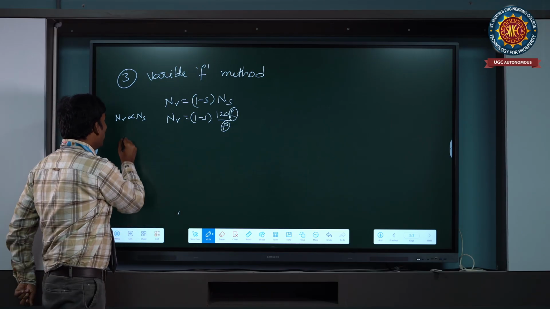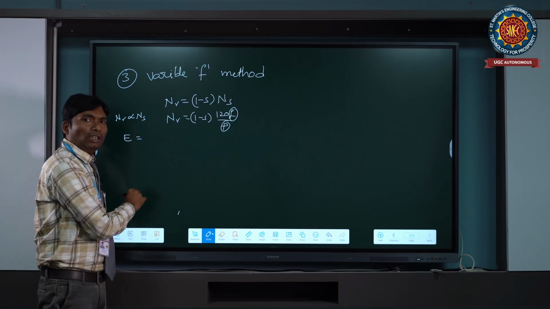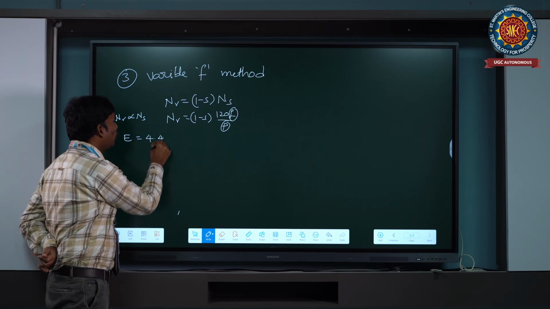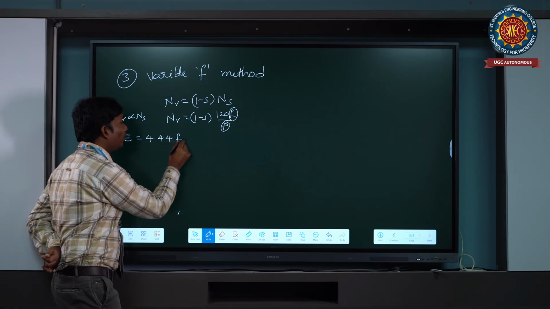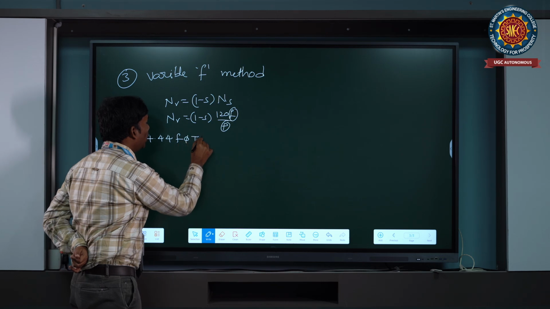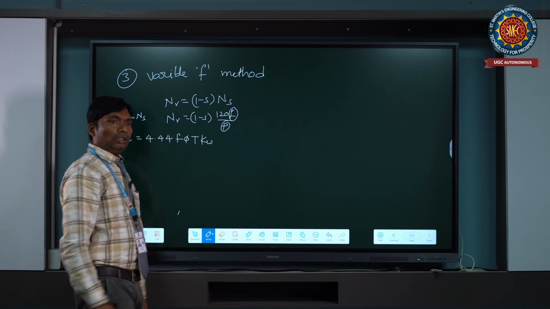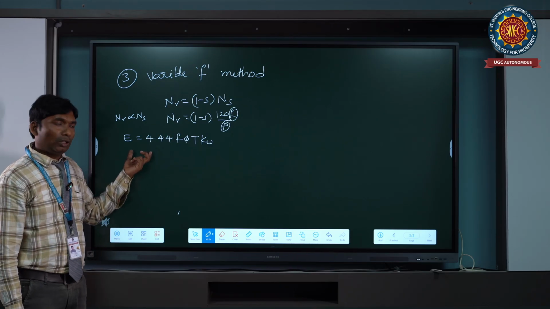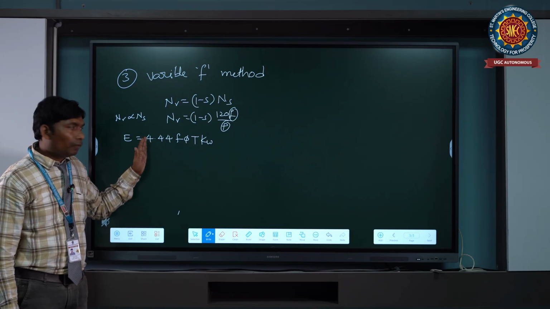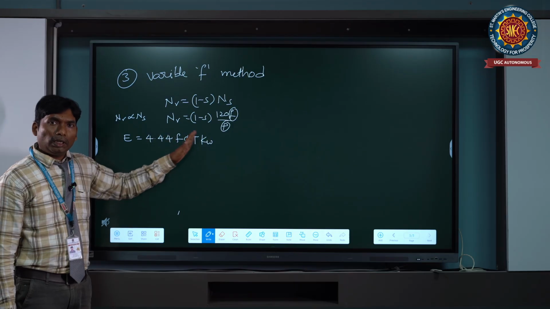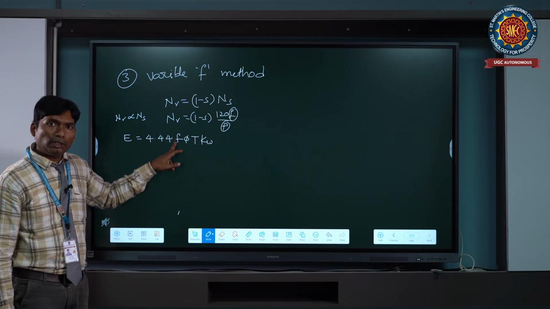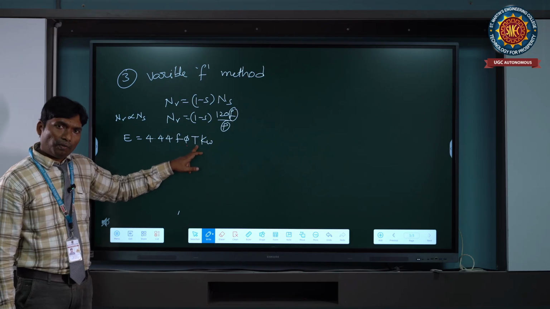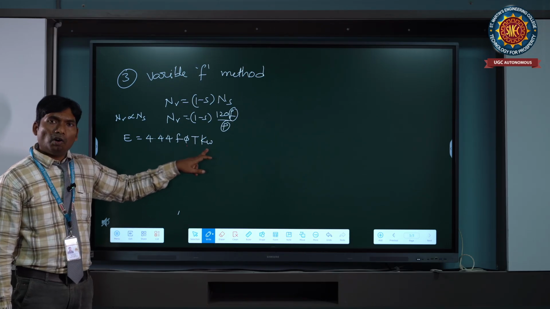The induced EMF in a three-phase induction motor is E equals 4.44 F phi T kw. This is the equation to calculate induced EMF in an induction motor, where F indicates frequency, phi is the flux, T is the number of turns, and kw is the winding factor.